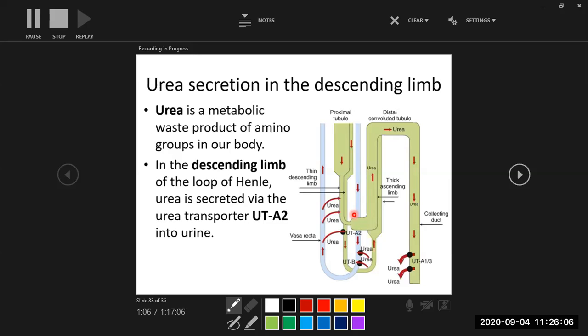But urea is important, in that it is a way to maintain the medulla osmolarity. Here in the descending limb of the nephron, we secrete, we pull this urea back to the urine. And then here in the collecting tubule, we reabsorb it back.